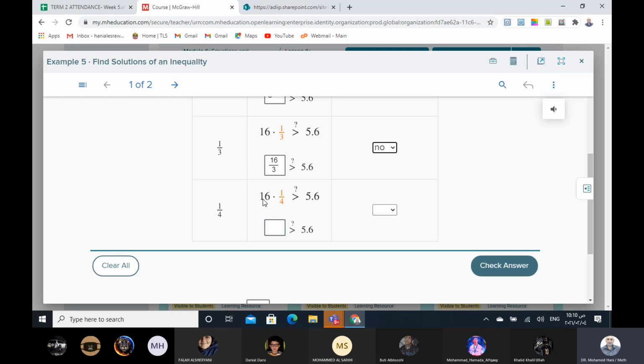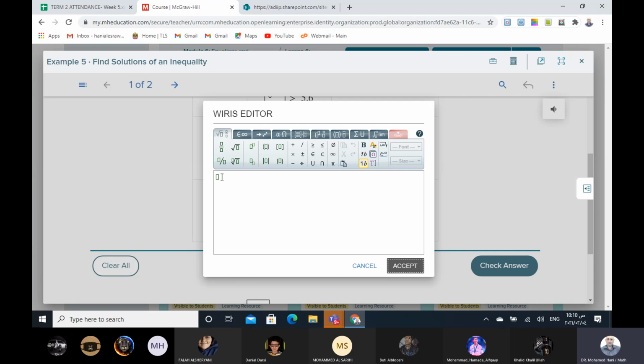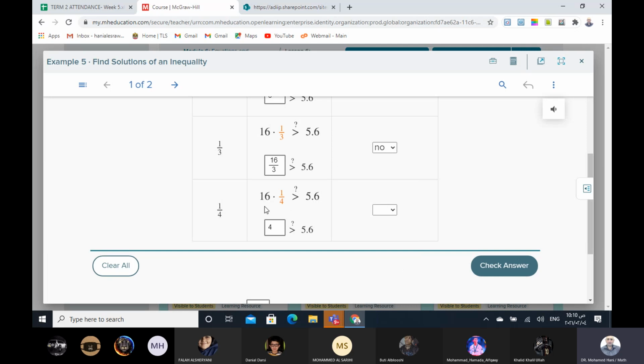I want to check. 16 times 1 is 16. 16 divided by 4 will be 4. So the answer here will be 4. Is 4 greater than 5.6?